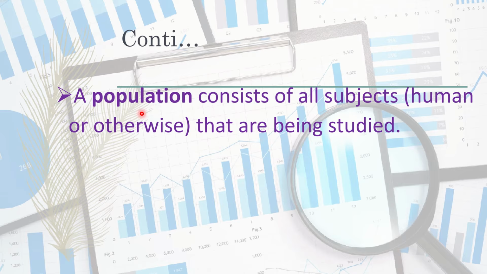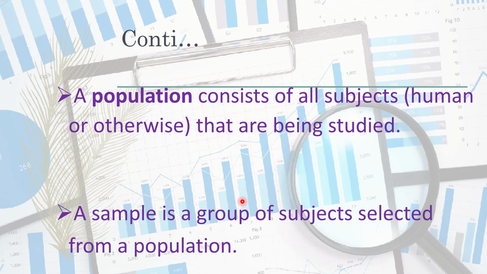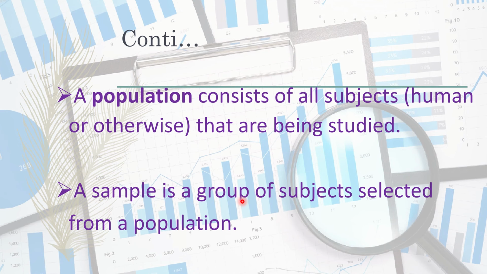There is no specific rule for a certain data set to be considered as a population, because a set in one type of study can be considered as a population, whereas in another type of study the same set may be considered as a sample. So a population consists of all subjects that are being studied, whereas a sample is simply a subset of what?